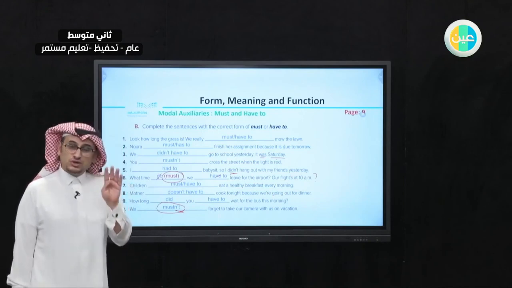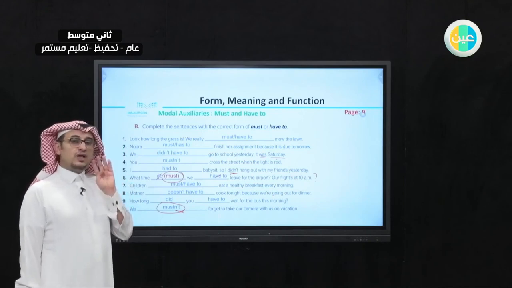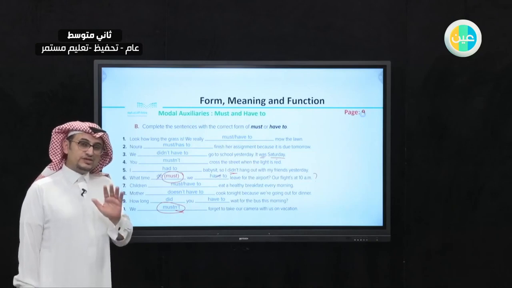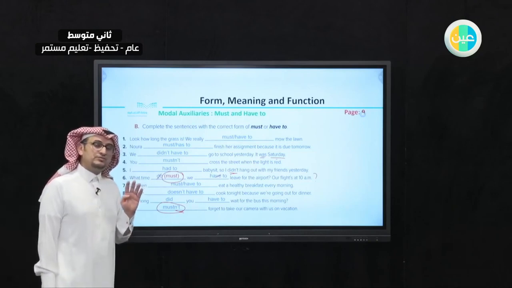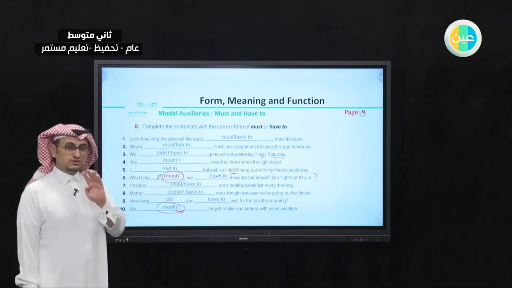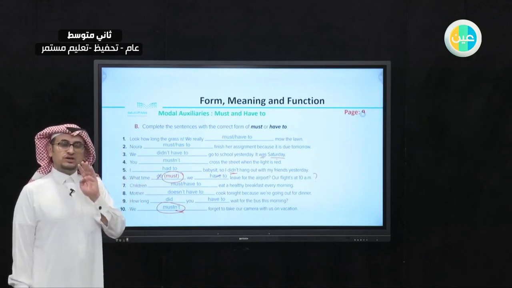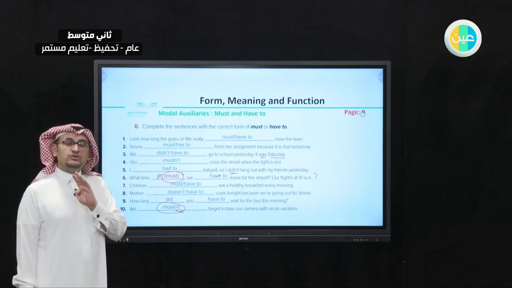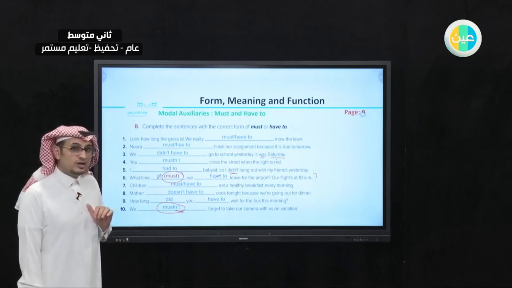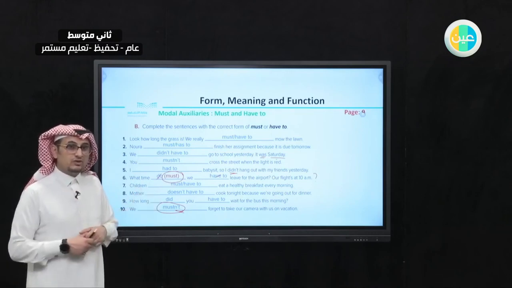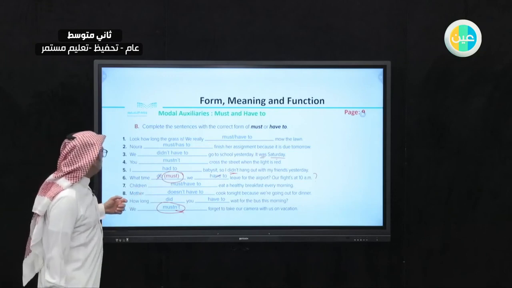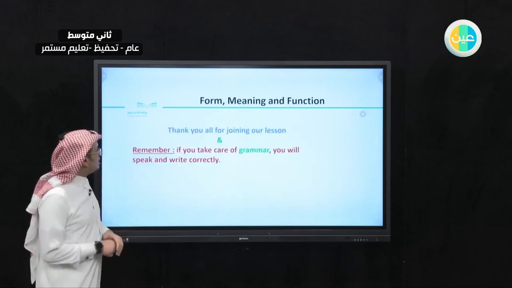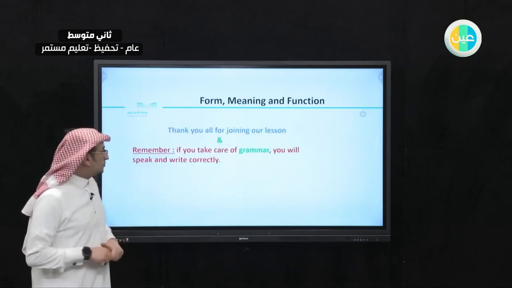And we use must and have to for obligation or necessity. Mustn't and don't, doesn't, didn't have to, we use them for something forbidden or not allowed. Okay, and that's the last idea for our lesson for today.